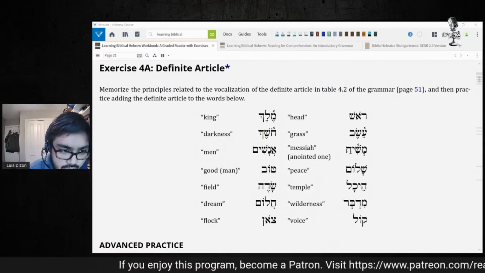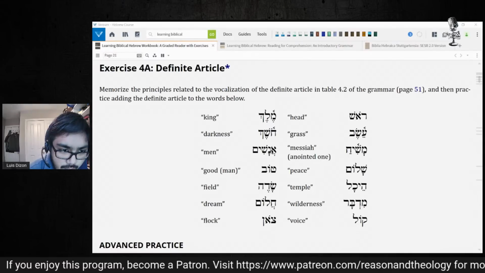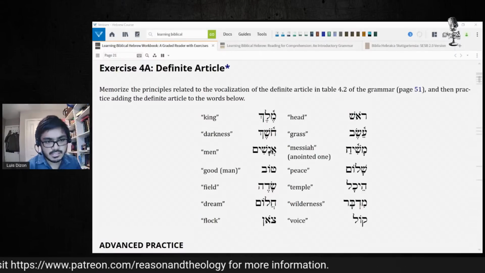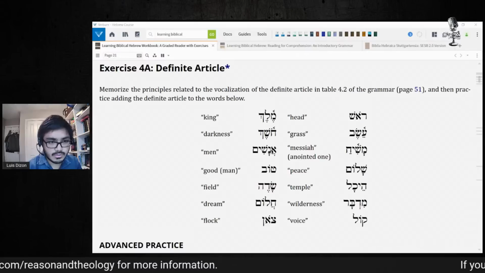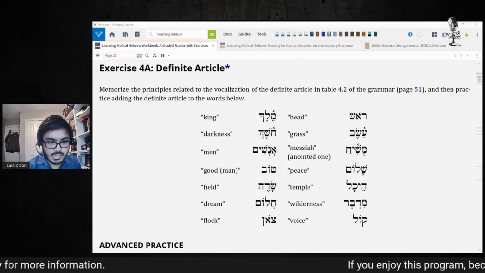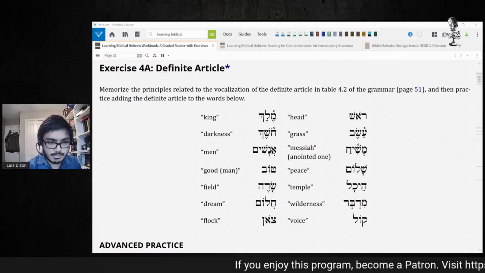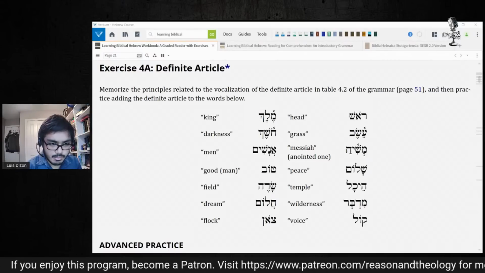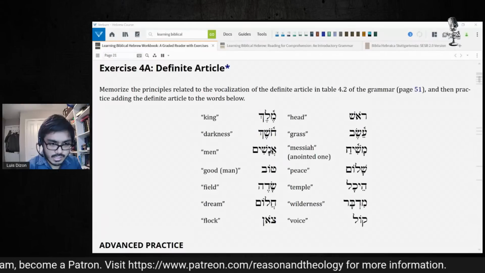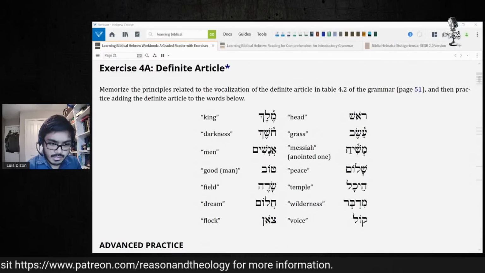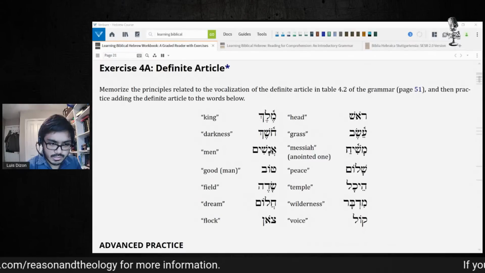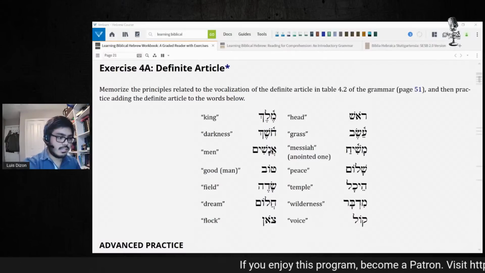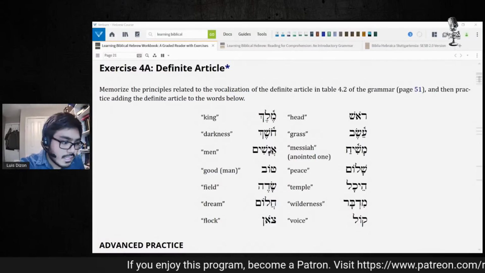Esev: the ayin counts as a guttural, so instead of the patach, it should have a kametz underneath. Mashiach, so it's a regular ha-mashiach. And then same with shalom. Hechal, the word for temple, would have compensatory lengthening, so there's no dagesh on it. Midbar, fairly standard, and then kol, also fairly standard. So that is how you put the definite article on each of those words.